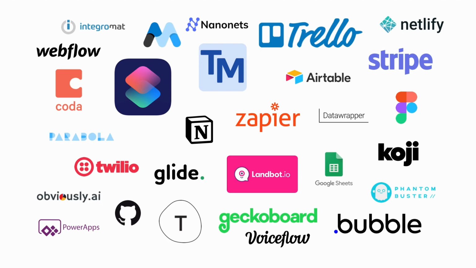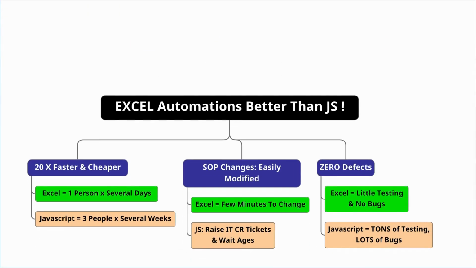However, when you look at the world of no code, it is very confusing. And trying to come up with a way of selecting which tools are better and which ones we wanted to use was very confusing. And so we went back to basics and said to ourselves, why is it that the Excel automations were doing better than JavaScript?